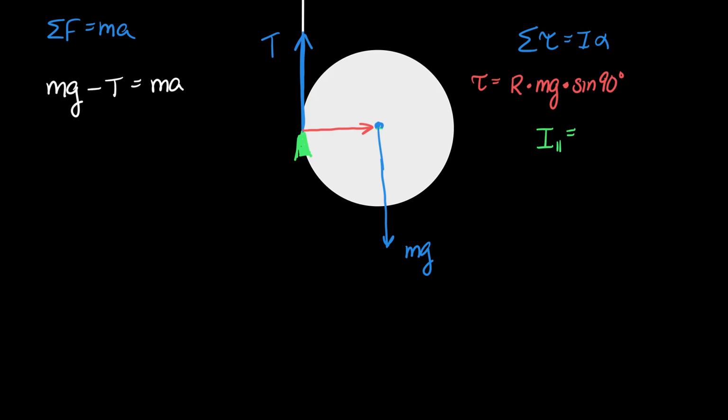That's when you shift the moment of inertia from the center of mass to another axis. So we're shifting it from here to here. And if you don't remember what it is, it's I, center of mass, plus mx squared, where this is the shift.